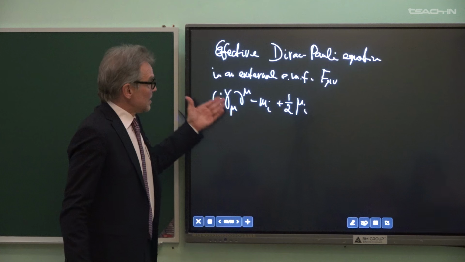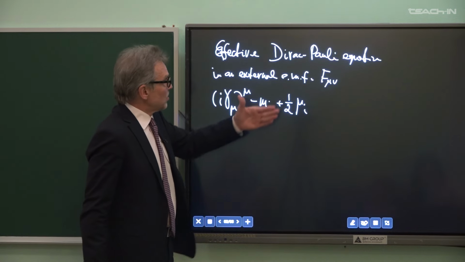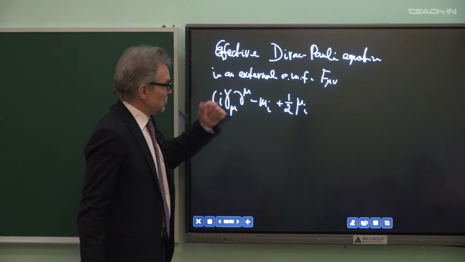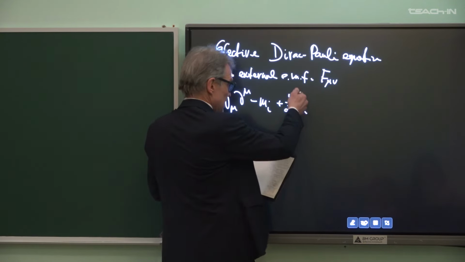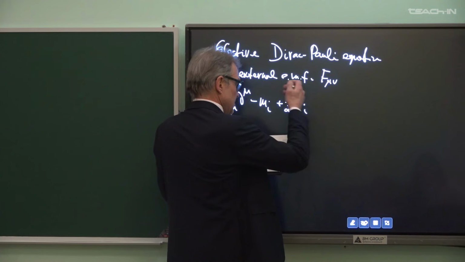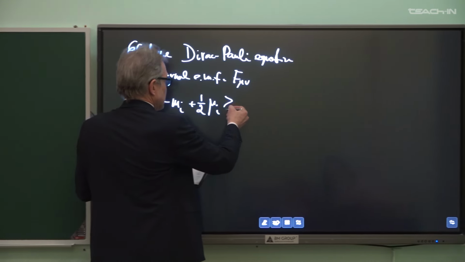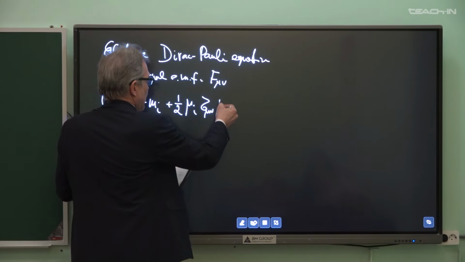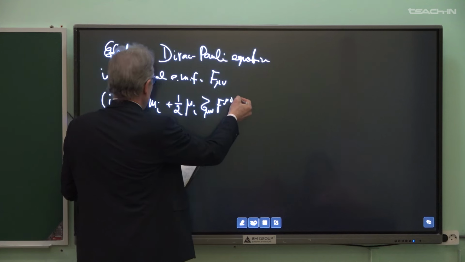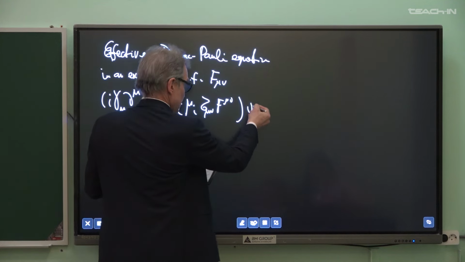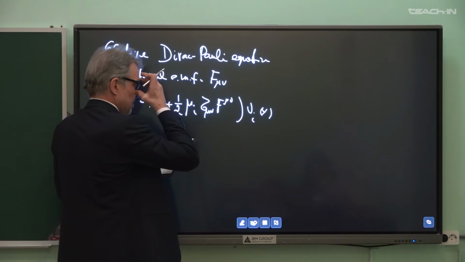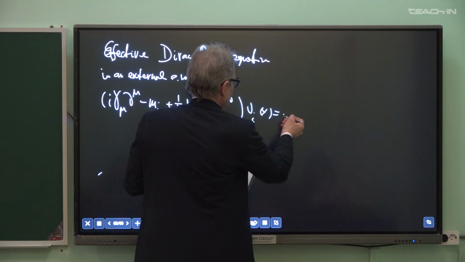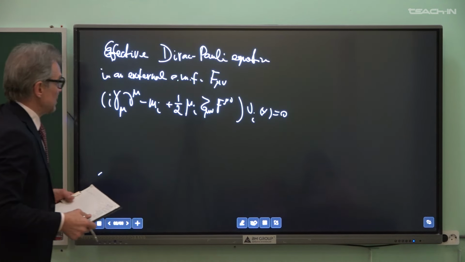But now we are considering the Dirac-Pauli equation. This is the mass of the mass state of neutrino. So this is the magnetic moment for the massive neutrino, sigma mu nu f mu nu, and here this is the wave function of the flavor state of neutrino. x is the coordinate.